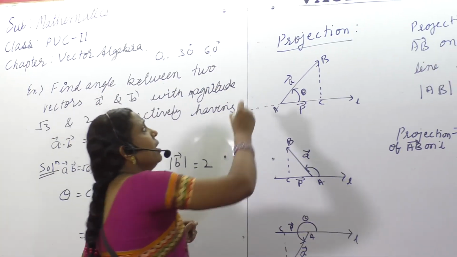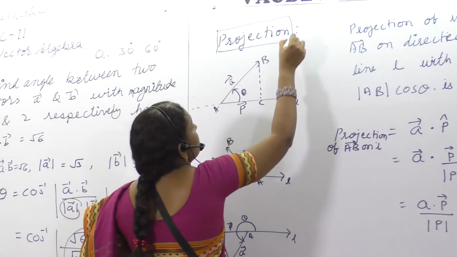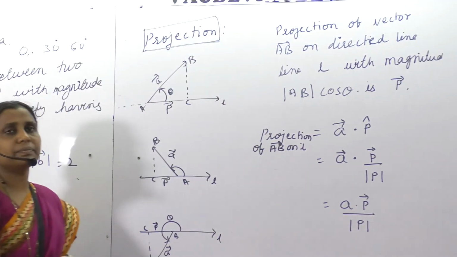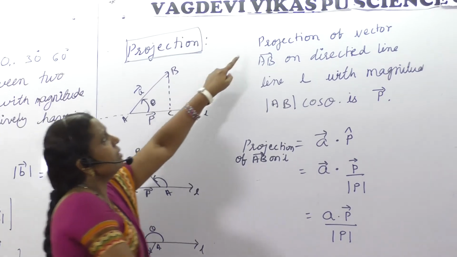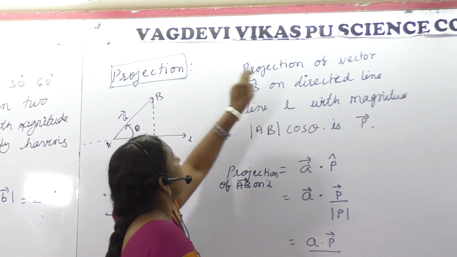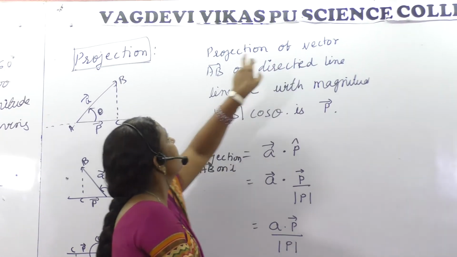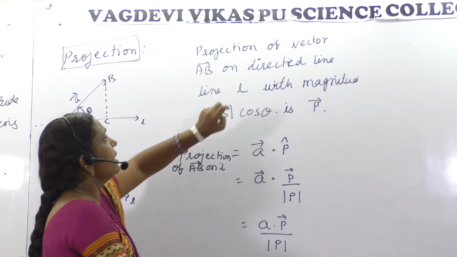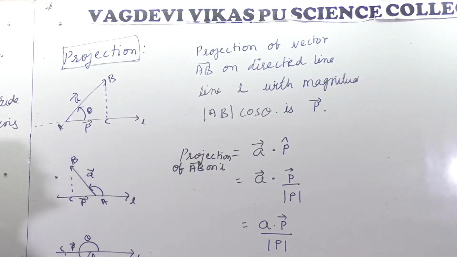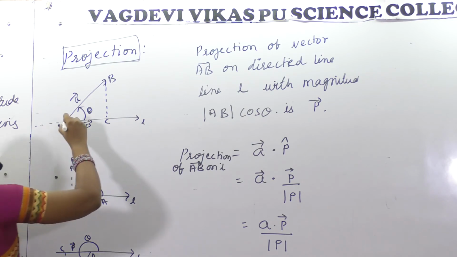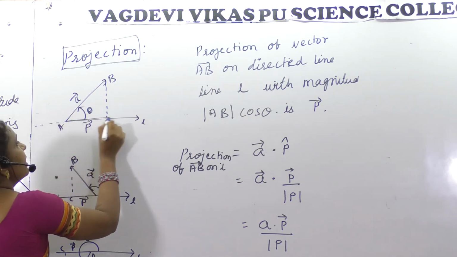Okay. Now, the projection concept we will try to study. Projection, P, means the projection of a vector AB on directed line L, with magnitude AB cos theta is P. See, this is one directed line.